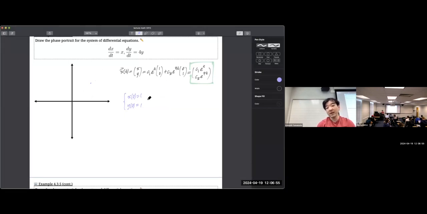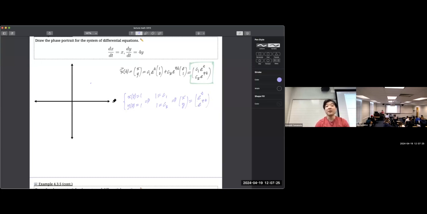And if you do this, then you plug in x equal to 1 when t is equal to 0, which means e to the 0 is 1. So you get 1. Same idea with this one. C2 would equal these. So then your xy solution for this initial condition would be e to the t and e to the 4t.